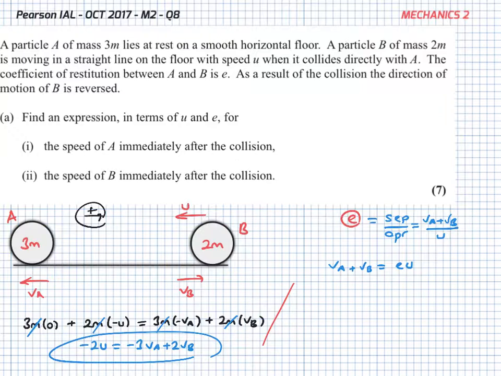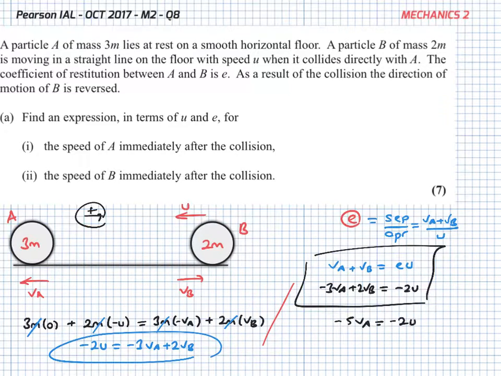And the other equation that I just got: minus 3VA plus 2VB equals minus 2u. If I solve these two equations simultaneously, I get minus 5VA is equal to minus 2u minus 2eu. And VA comes here: 2 over 5, (e plus 1) u.